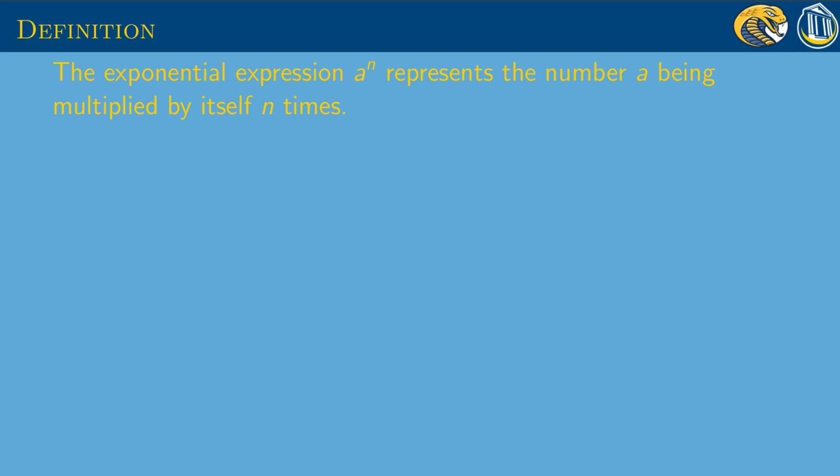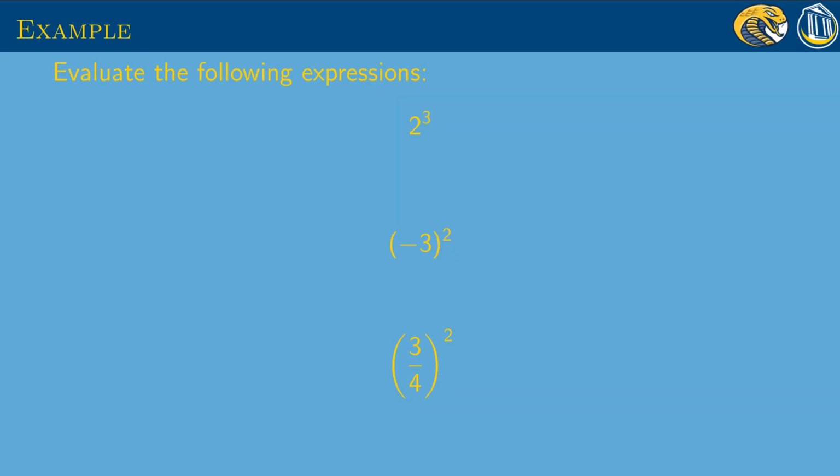Let's start with the definition of an exponential expression, a to the n, which represents the number a being multiplied by itself, a times a times a, n times. We can use this definition to evaluate a number of expressions.